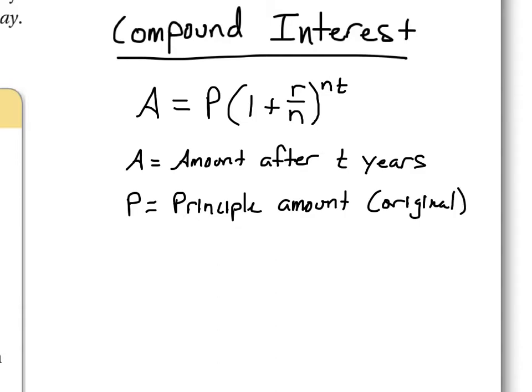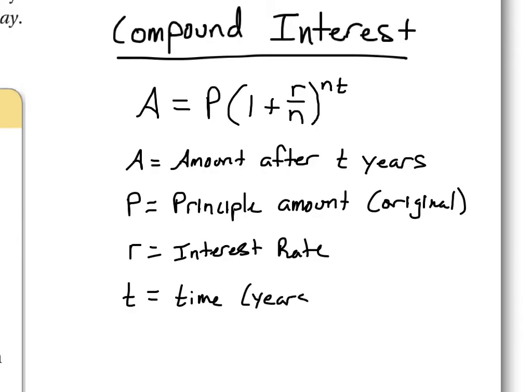It's the original amount you started with. R is still your growth rate or interest rate. T is still time, and by the way, that's usually calculated in years. It'll be calculated in years for us in this class.